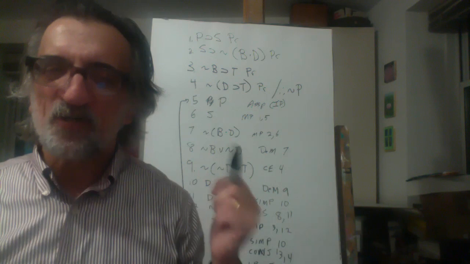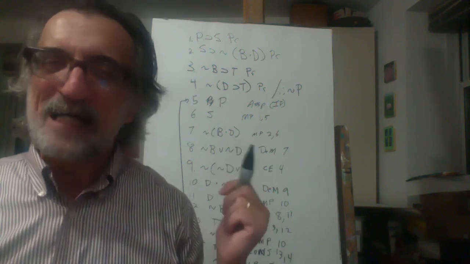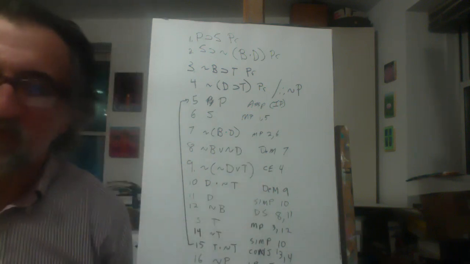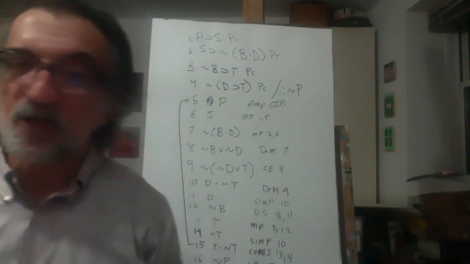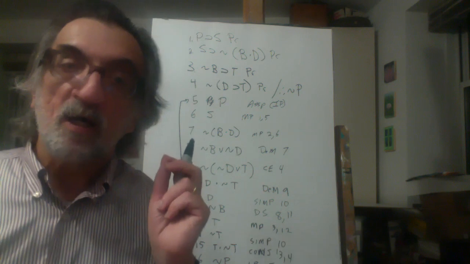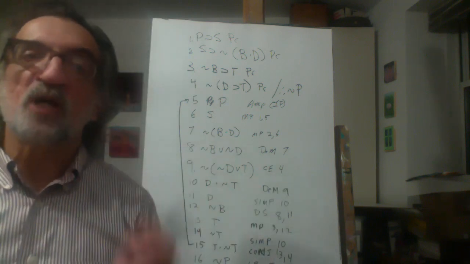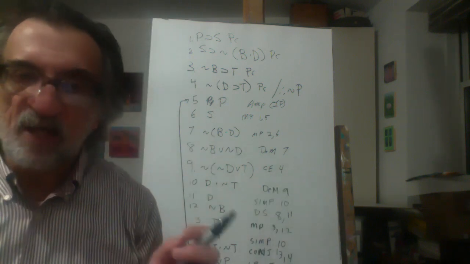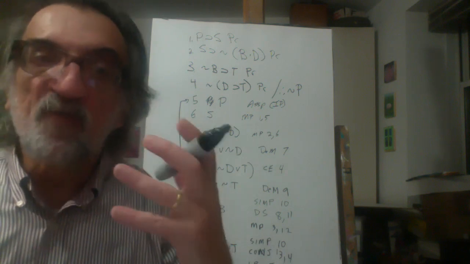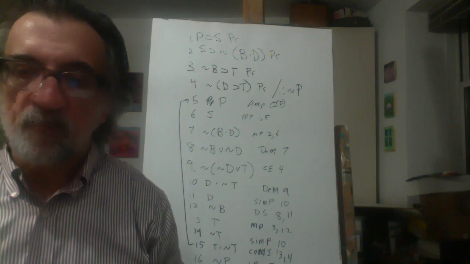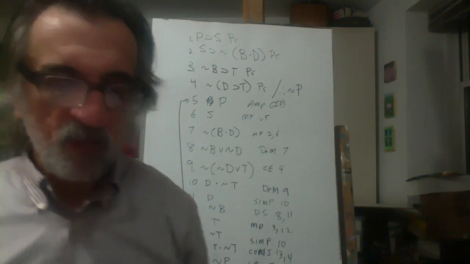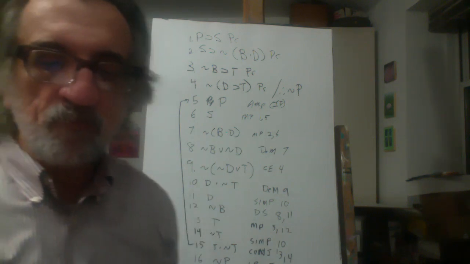I have a hunch if you came knocking on the door of this proof with the truth tree, that truth tree would do the job pretty well too. But after all, the truth tree is just another form, a schematic form, an immobile form, as it were, of the indirect proof.